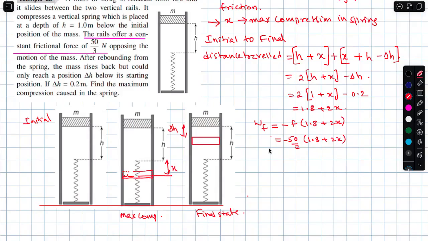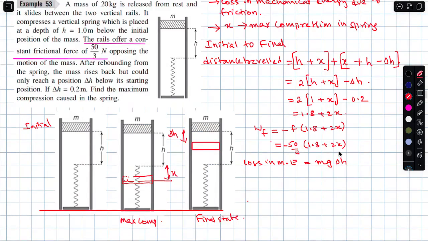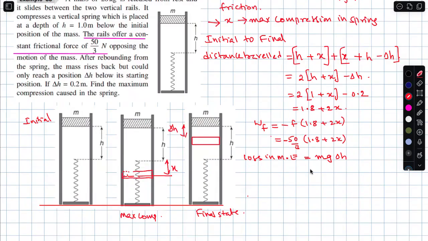So from my point of view, what is the total loss in mechanical energy? It's simple. Earlier you are at a height h, now you are at a height h minus delta h. So mg delta h. By the way, what is m? 20 kg. 20 into 10 into 0.2, so 40 joules.